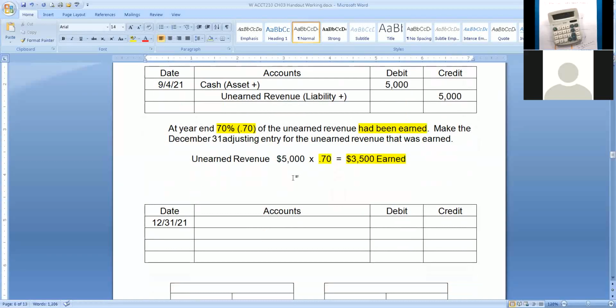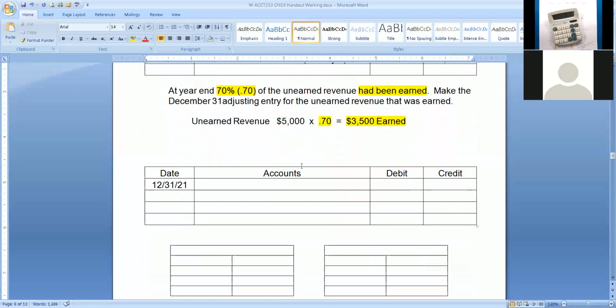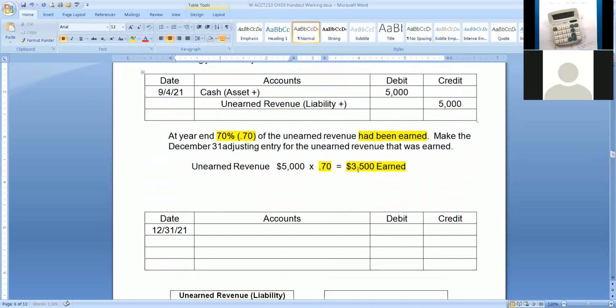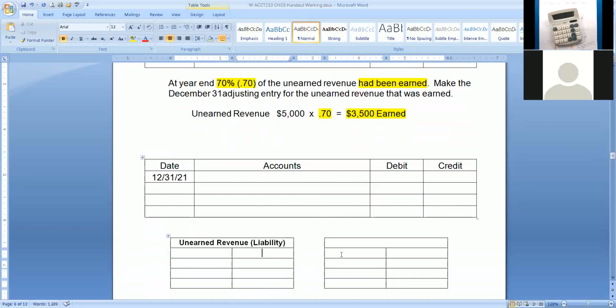Okay. The rest was kind of just like we did before. So our unearned revenue is a liability. And in that liability, we have $5,000.